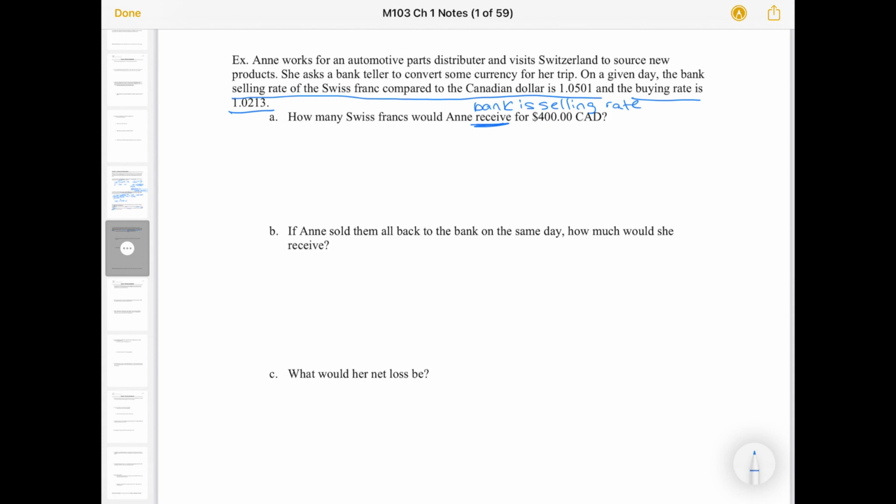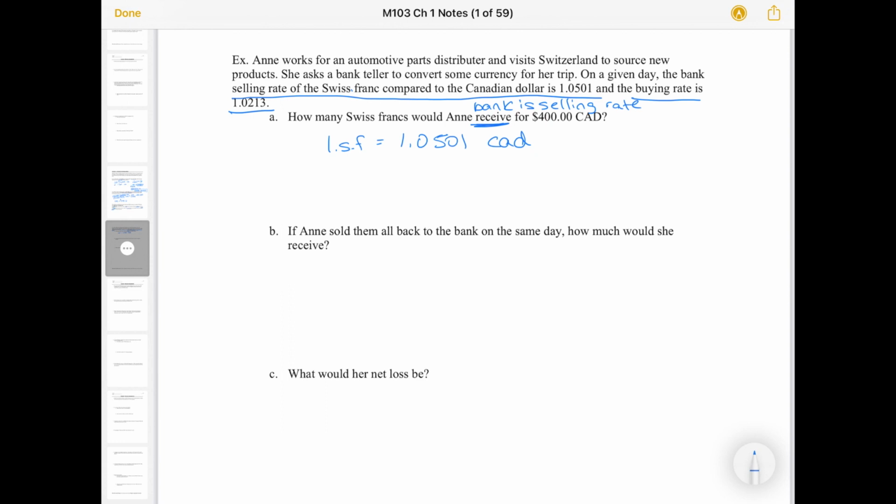Okay, so the Swiss franc compared to the Canadian dollar. That means 1 Swiss franc is going to give me 1.0501 Canadian dollars. Right, so 1 Swiss franc is a little bit more than $1 Canadian. That kind of makes sense.